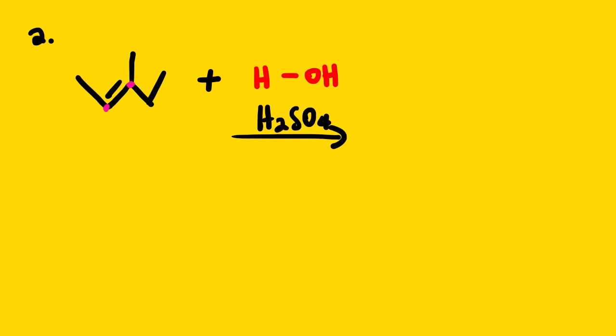You can see that this one is more substituted compared to this one. Markovnikov's rule. So we have OH here. We know that here we are going to have our hydrogen, but we don't have to write it. So this is the product.